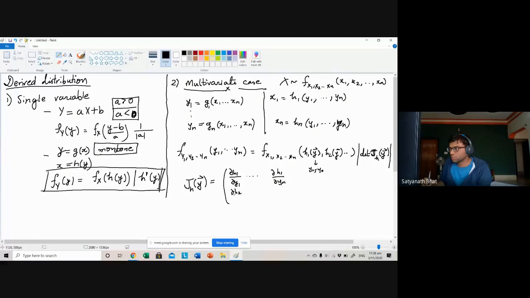Then you will do the same for H2, all the derivatives of H2 with respect to y1 to yn. Similarly, up to Hn with respect to y1 to yn. So this is the Jacobian matrix.